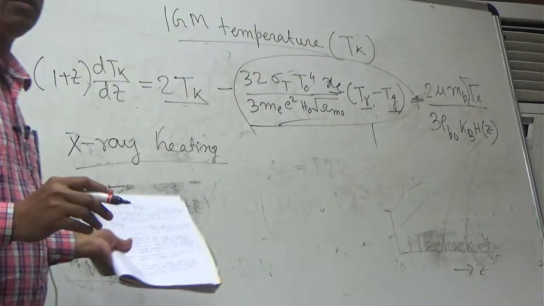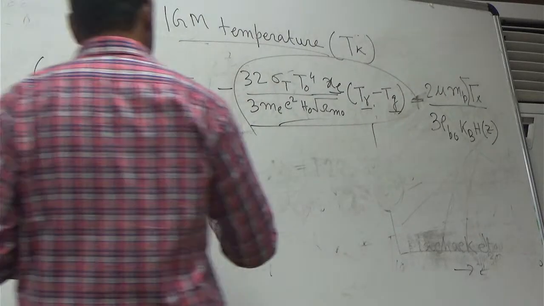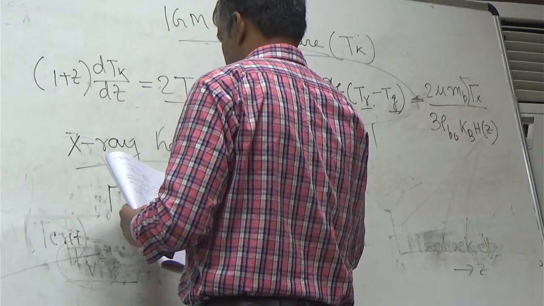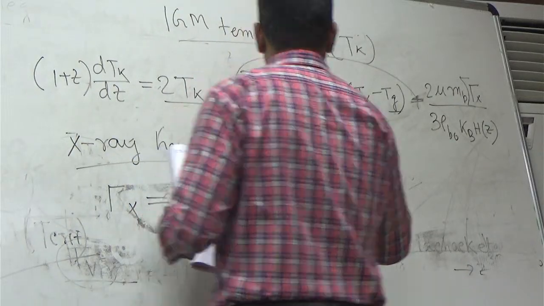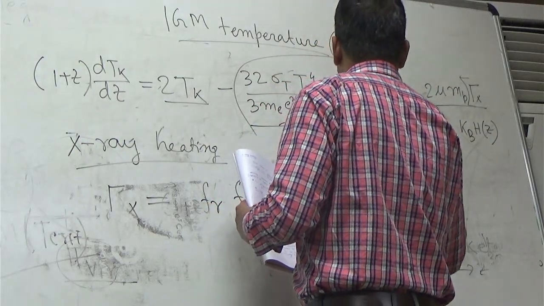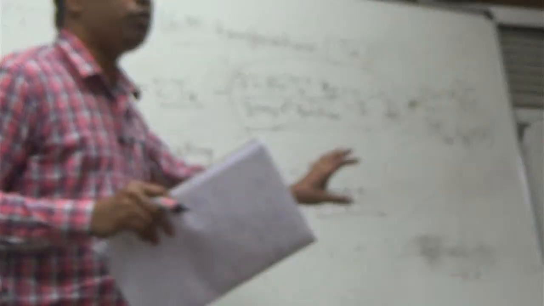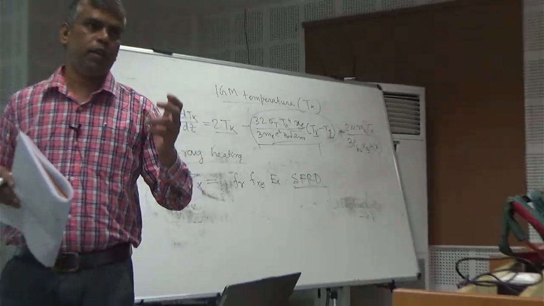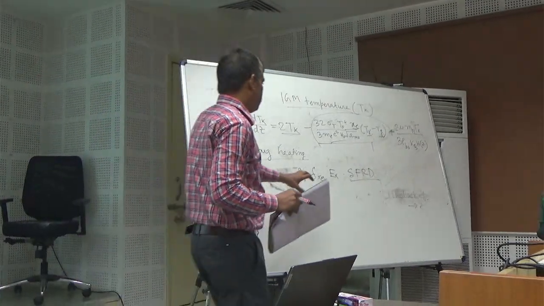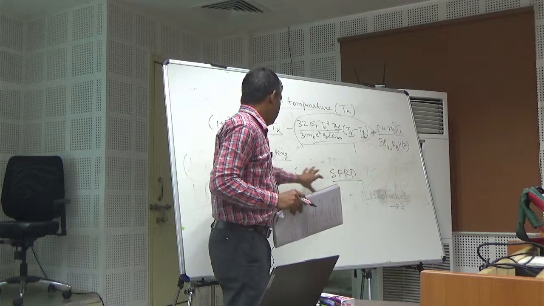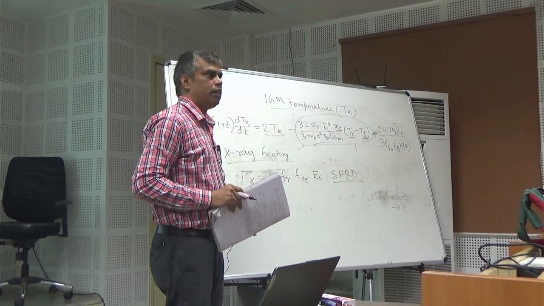You can connect it with the star formation rate that we have already discussed. So this is basically f_X, f_esc, E_X, and then the star formation rate density. The same star formation rate density that we used for calculating the Lyman alpha background and the Lyman-Werner background can also be plugged in here to calculate the X-ray energy deposited in the intergalactic medium.